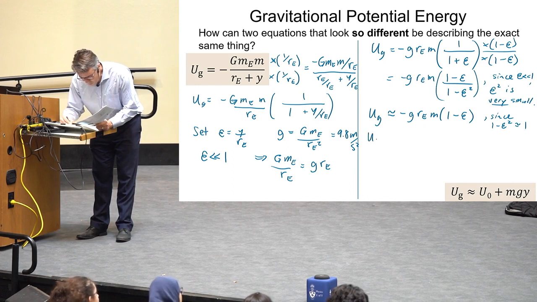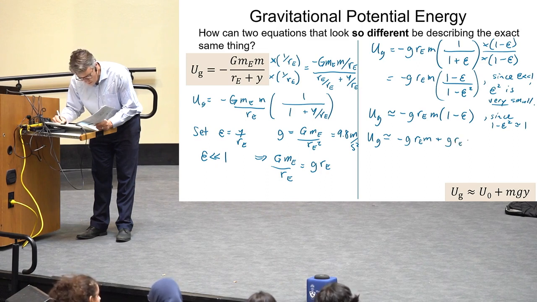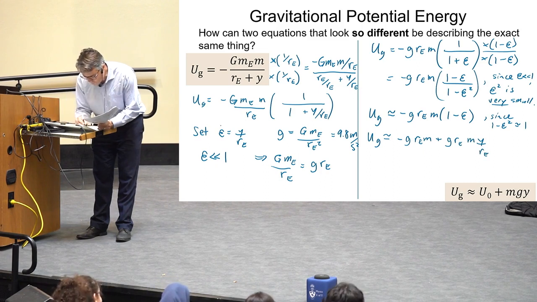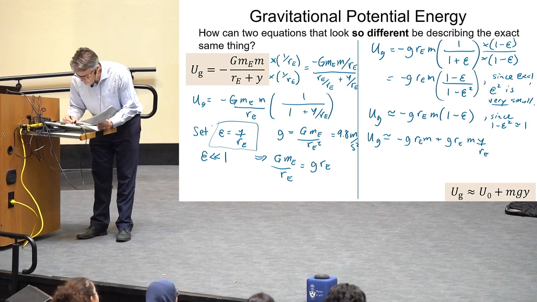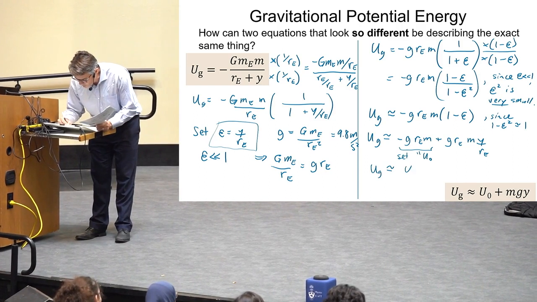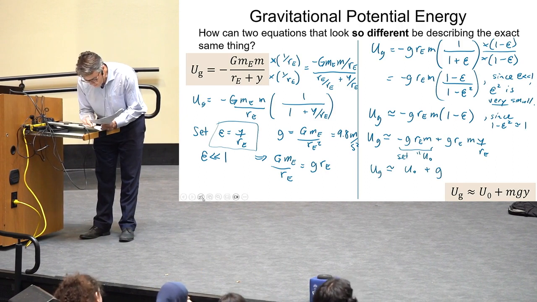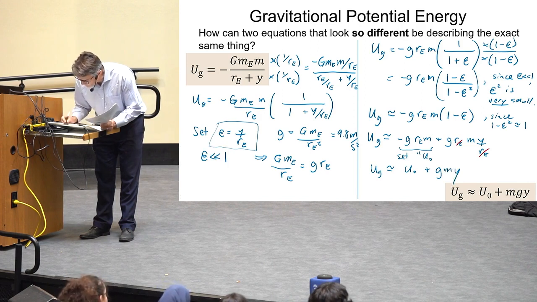So U sub g is approximately equal to negative g times r_e times m plus g times r_e times m times y divided by r_e, because I've plugged back in our equation for epsilon. We'll set this equal to U sub 0, and we get U sub g is approximately equal to U sub 0, whatever that is, plus g times m times y, mgy. The r_e's cancel, by the way.